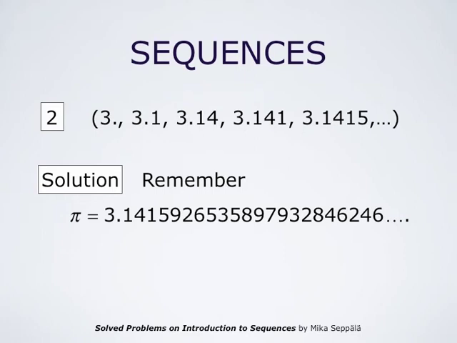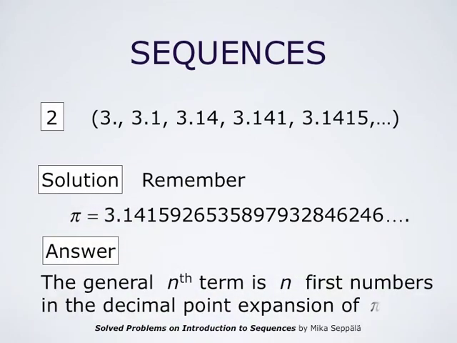So what we are looking at in the sequence number 2 is the beginning of this decimal expansion for this mathematical constant pi. So the general nth term of this sequence is the n first digits of the decimal expansion of pi. So this is the rule how we form this particular sequence, and the limit of this sequence is of course pi.